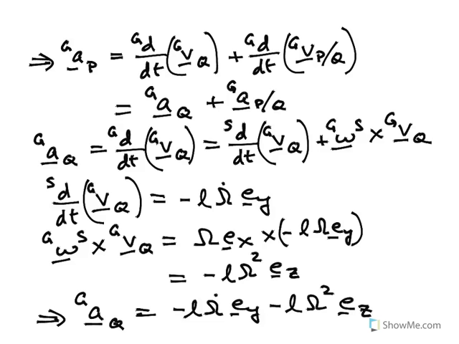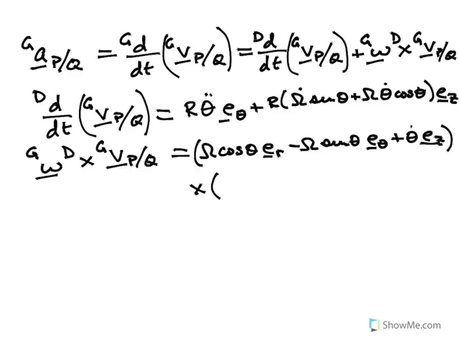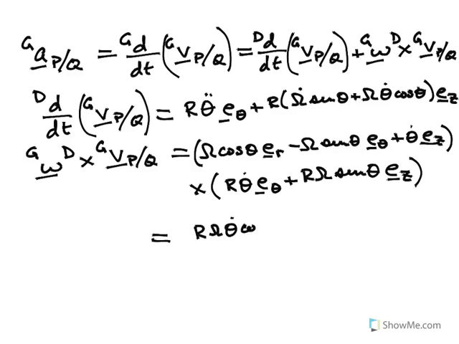That angular velocity is omega cosine theta ER minus omega sine theta E theta plus theta dot Ez, crossed with the velocity of P relative to Q in G, which is equal to r theta dot E theta plus r omega sine theta Ez, which is equal to, ER crossed with E theta is Ez, so I get r omega theta dot cosine theta Ez.